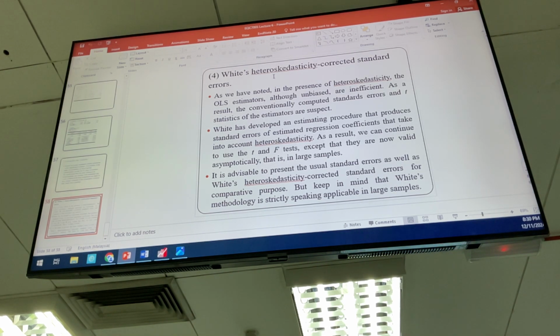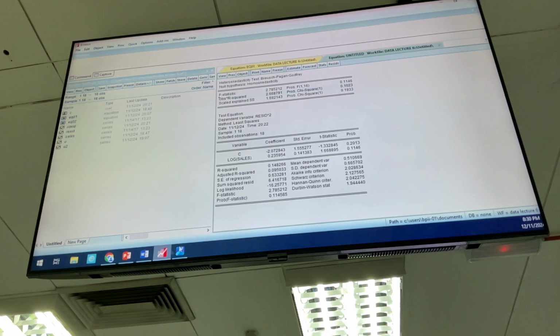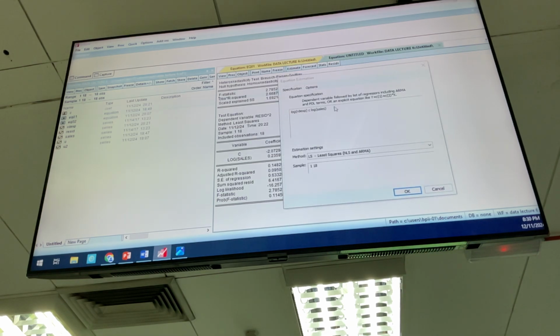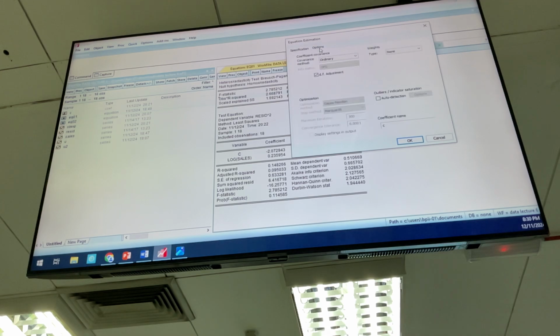So how do we apply this approach? When you estimate the model, for example, this one, we estimate the original model, RD, C, sales. You go to options.